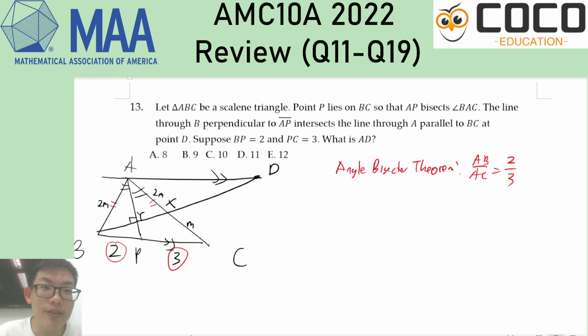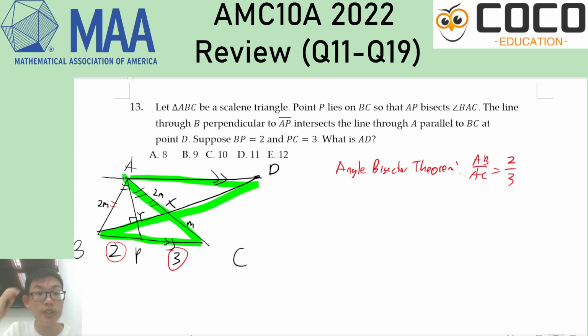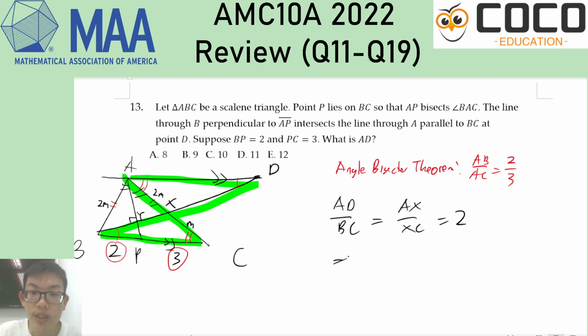I always talk about this hourglass pattern, and this hourglass pattern here will give you a pair of similar triangles because of equal angles from the parallel lines. And so this is enough for us to find AD, because AD to BC would be equal to AX to XC, which is 2. And so AD is 2 times 5 equals 10.